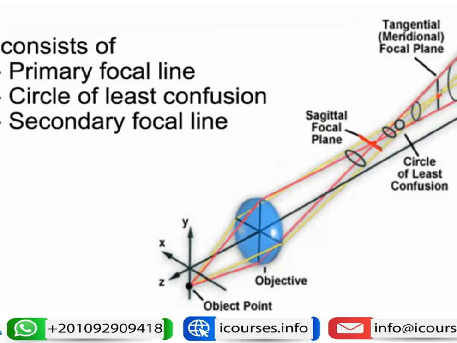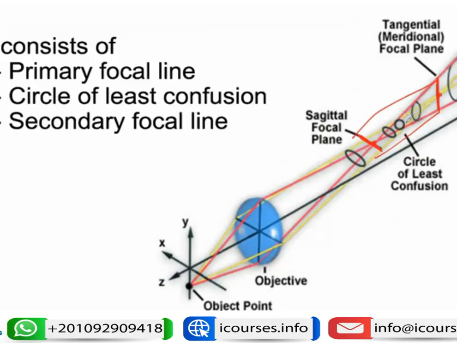Then we have the secondary focus, and the light from the vertical meridian will form a vertical line. So this will be called the secondary focal line, and the space between the first and the second focal line will be called the conoid of Sturm.